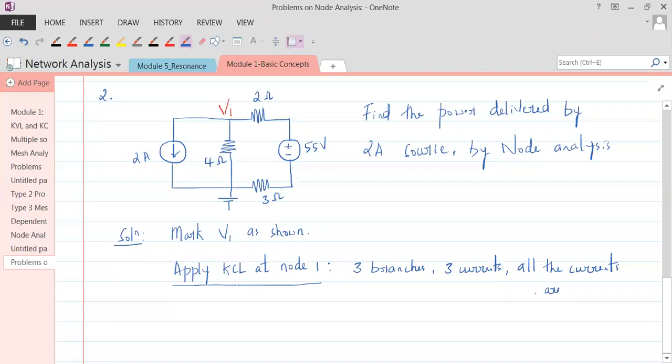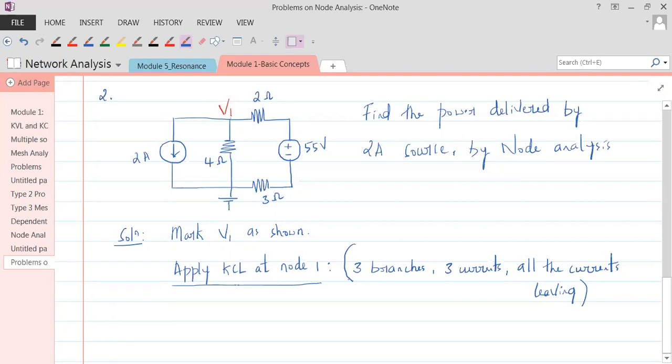Unless there is a current source which shows the current entering, we consider all the currents as leaving currents. Okay, now let's apply KCL.